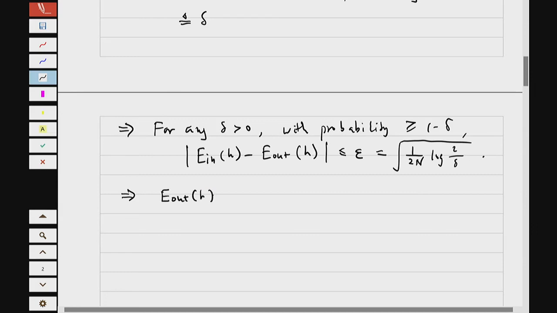We don't care about the lower bound to E out in general, unless you do some really important research work. For now, we just care about the upper bound, how bad it can be. Then we just write one side of it, so that we don't have to work with a magnitude, absolute value. Okay?